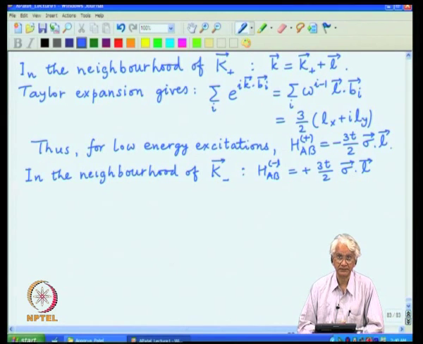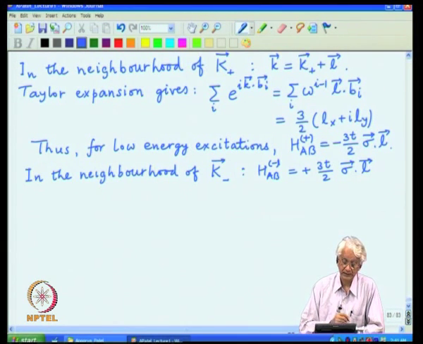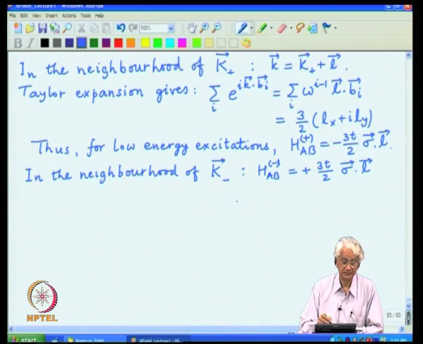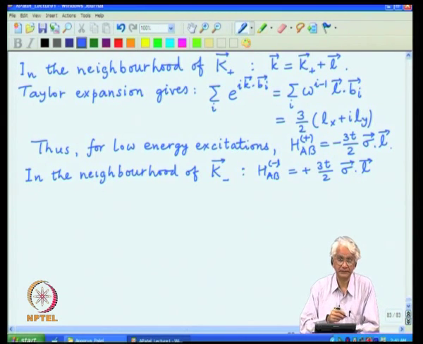So, we have essentially now 4 degrees of freedom described in this low energy theory, 2 degrees of freedom coming from this index of 2 dimensional matrices describing the pseudo spin, essentially that is where this matrix sigma lives, and the other 2 possibilities coming from looking at these 2 points k plus and k minus, which give the opposite sign of chirality.